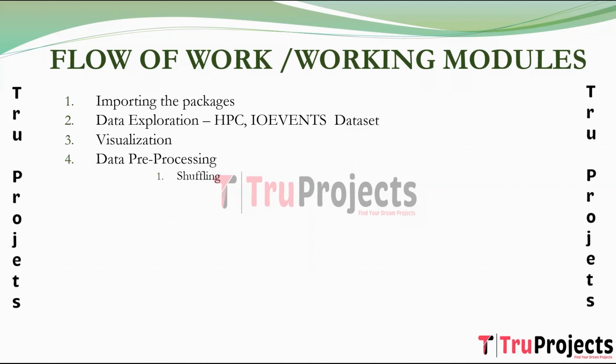This step helps in preventing any unintentional patterns that might emerge during training due to the original order of the data. Normalization. Normalization is applied to scale the numerical features of the dataset to a standard range. This ensures that all features contribute equally to the model training process, preventing dominance by features with larger magnitudes.